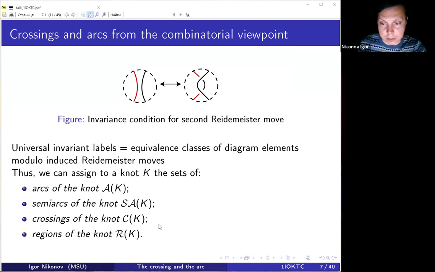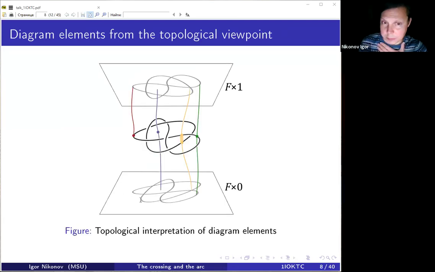Analogously, we can consider sets of semi-arcs of knots and regions of knots. And this means we consider all these equivalence classes of, for example, regions among all diagrams of the knot. So the question is how to describe these sets. And the conceptual answer to this question you can see in this slide.